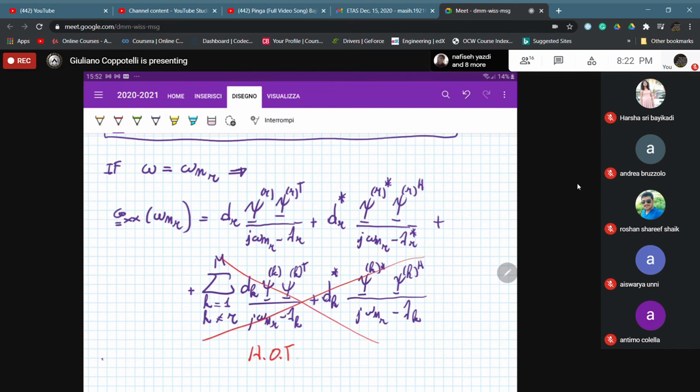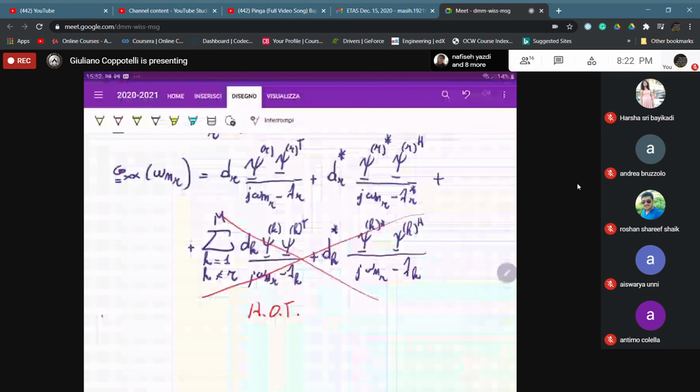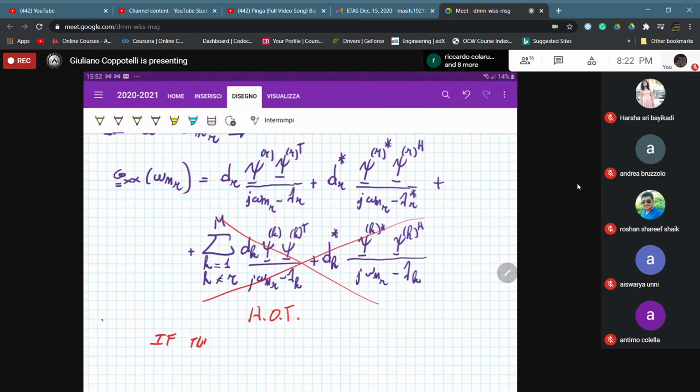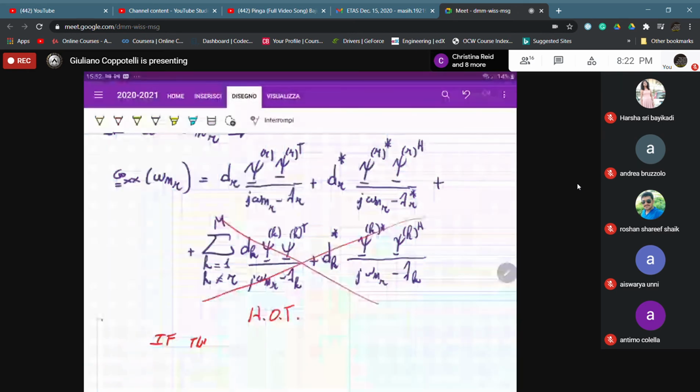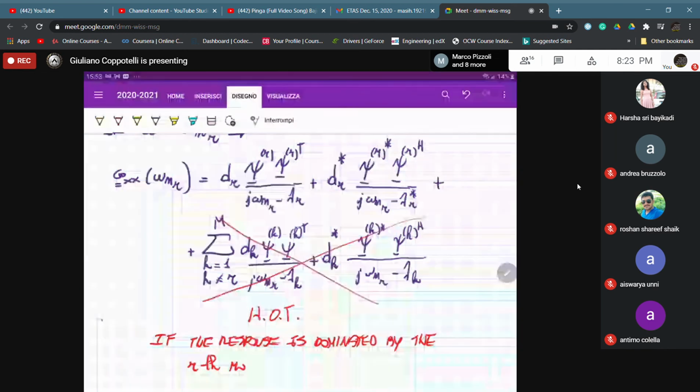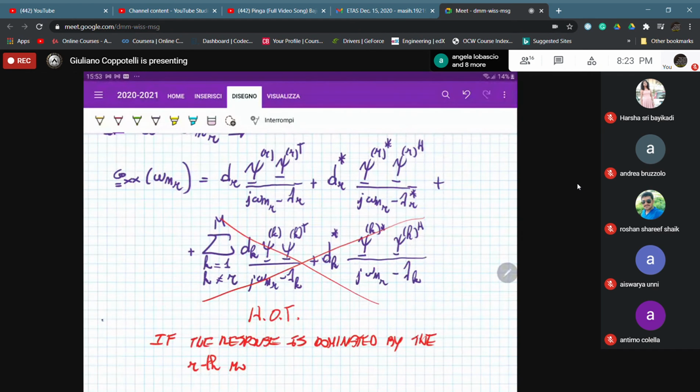If the response is dominated by the r mode at the r natural frequency.